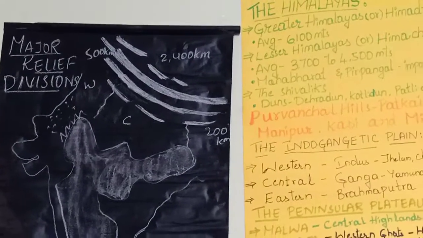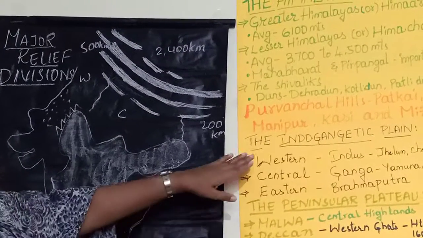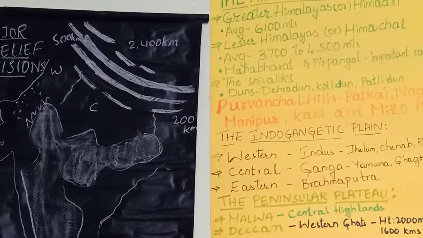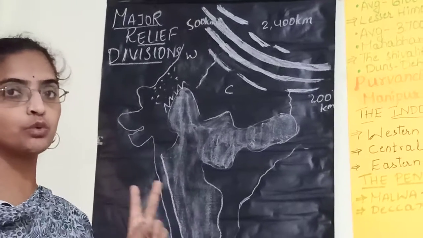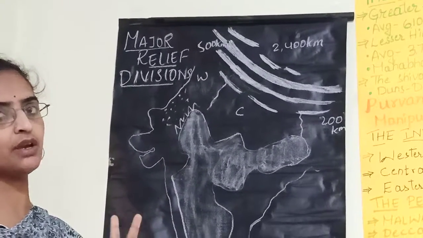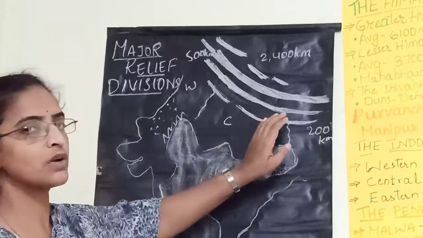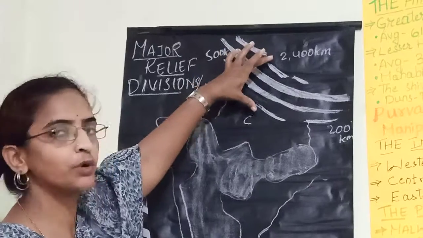Now let us go to the next major relief division, the Indo-Gangetic Plain. Do you remember this Indo-Gangetic Plain has formed because of the silt brought down by 2 rivers, one is Indus and river Ganga. Okay, and this Indo-Gangetic Plain was completely in valley form during the formation of fold mountains.